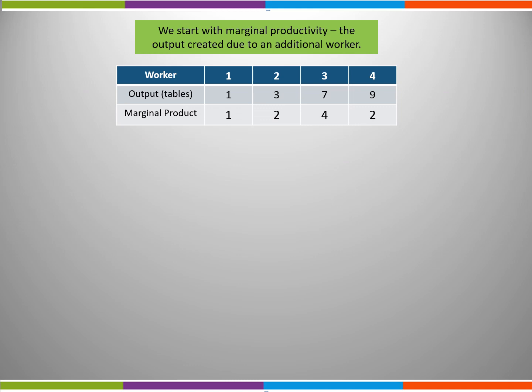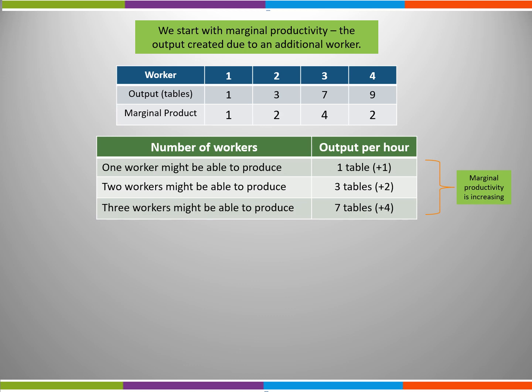Imagine a scenario of a factory that makes tables with a fixed stock of capital, the machines used to make the tables. In the short run, as more workers are employed, marginal productivity will increase. For example, one worker might be able to produce one table per hour. Two workers might be able to produce 3 tables in an hour.